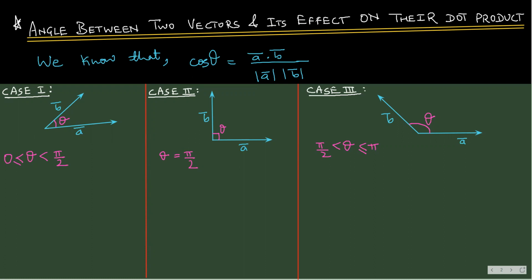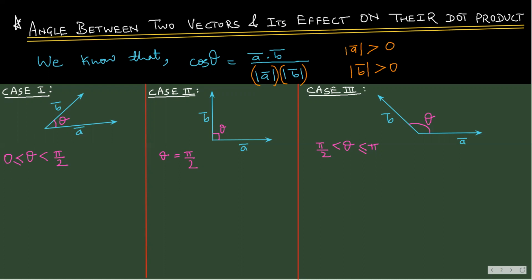Now I would like to mention here that mod of a bar is always positive, and so is mod of b bar. Both are greater than 0. Remember, in the formula cos theta equals a bar dot b bar upon mod a bar mod b bar, what do these two give? They are the magnitudes of the two vectors. The magnitude written in the denominator is always greater than 0.